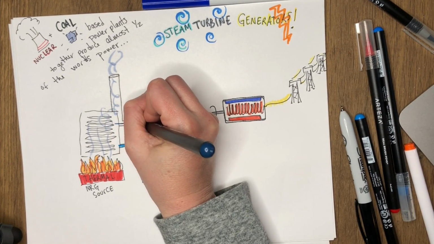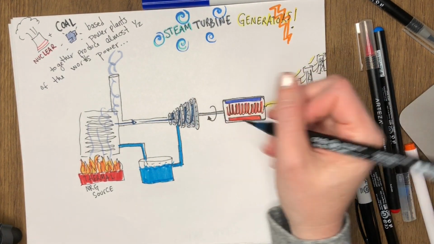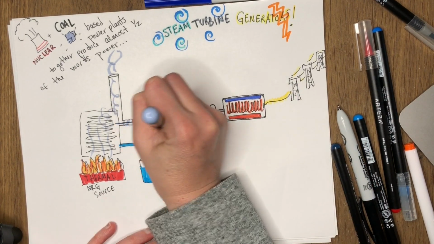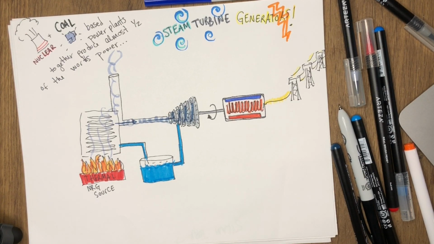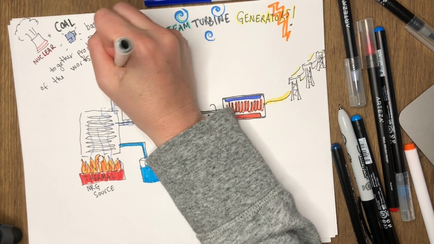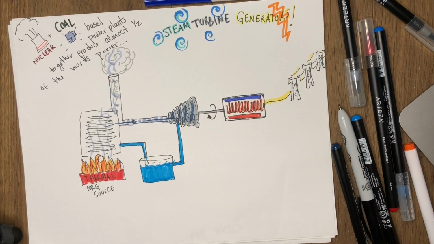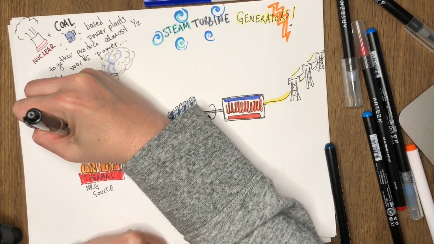Now, a couple other things that I didn't quite get to detail out here. From the boiler, you can see that steam moves along the pipe. There's my steam, and it is what makes the turbines spin. Now, in my actual boiler, there is an exhaust pipe for the pollution from my thermal energy source.